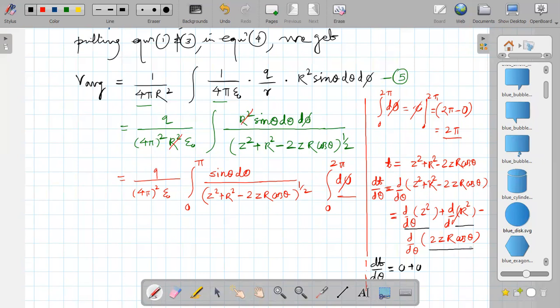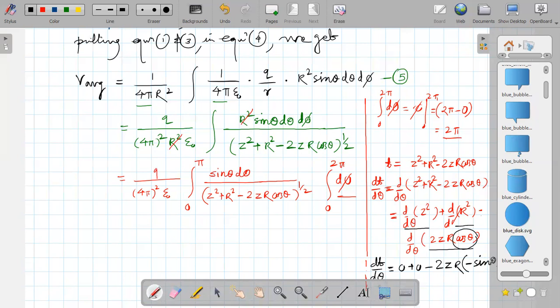From this we can take minus as the sign, 2zr constant, take outside, and derivative of cos theta is minus sine theta.